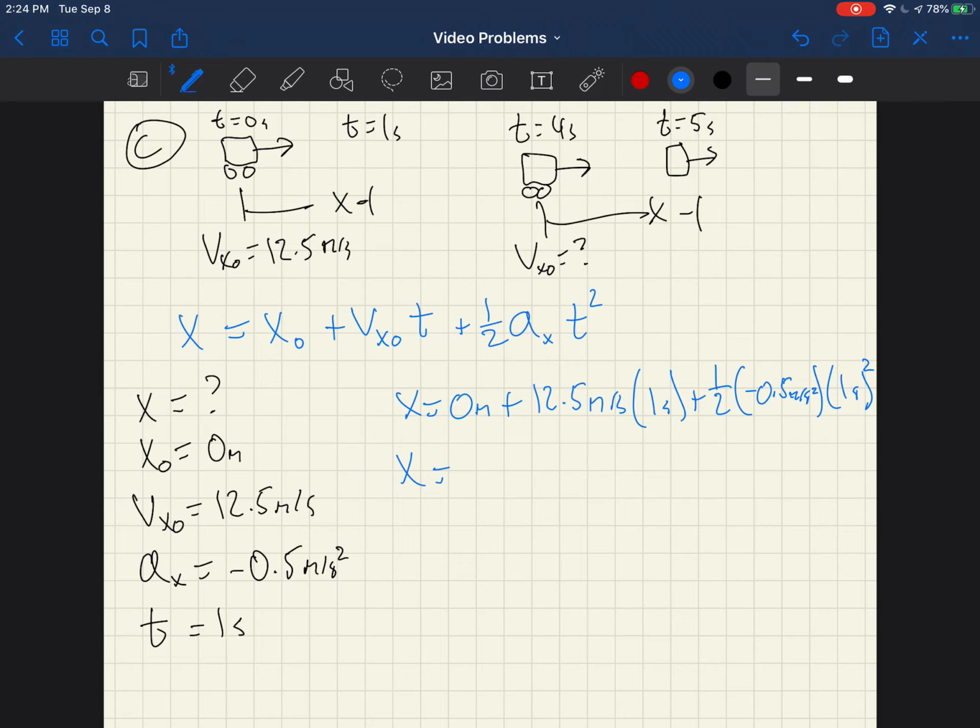Easy enough. So 1 squared is just 1 times negative 0.5 is negative 0.5 times 1/2 is negative 0.25. And then we're going to add 12.5. And we get 12.25 meters in that first second. So that's how far it's traveling in the first second.